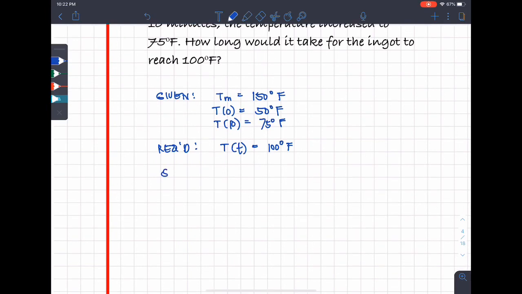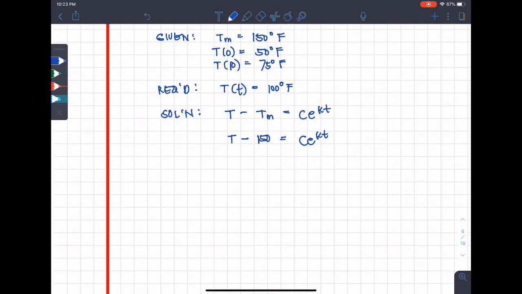So for our solution, we will be using the same formula. T minus T sub M would be equal to C e^(kT). And the temperature of the environment is 150. Substituting our initial value, that when time is 0, the temperature is 50: 50 minus 150 is equal to C e^(k times 0), and e to the 0 is 1.